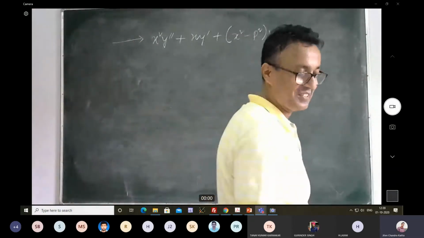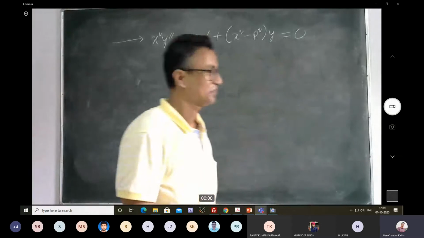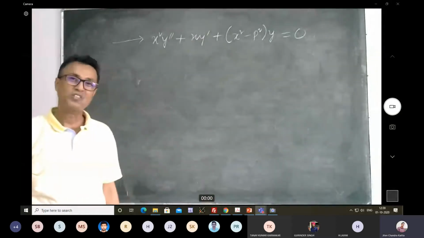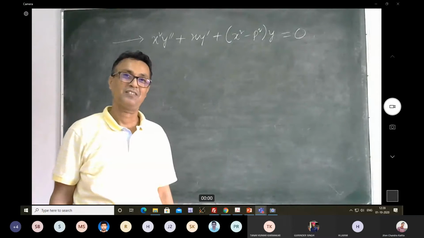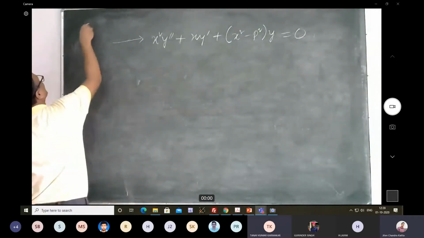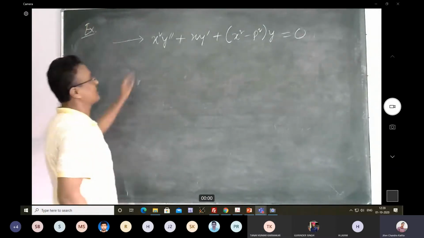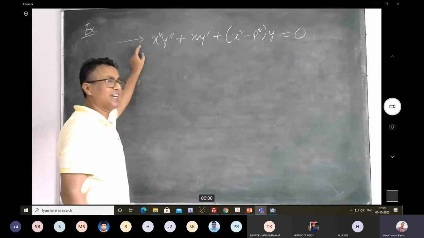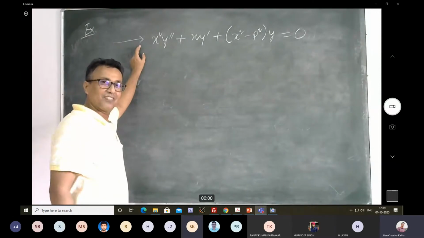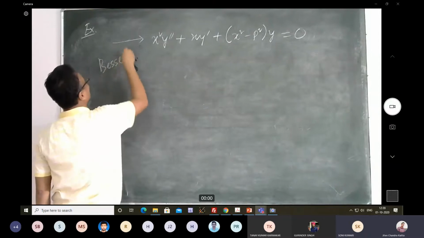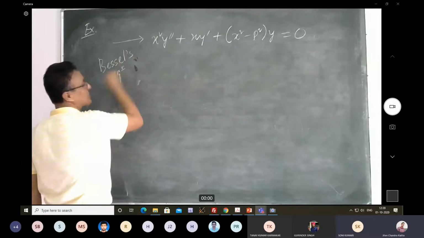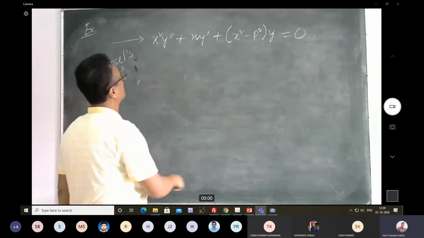What is this equation? Does it ring a bell? A special function, something like that? Bessel's function. This is Bessel's equation.